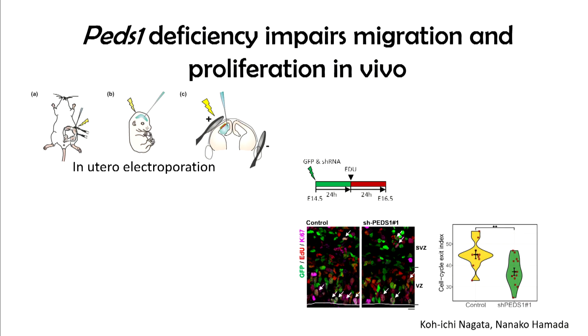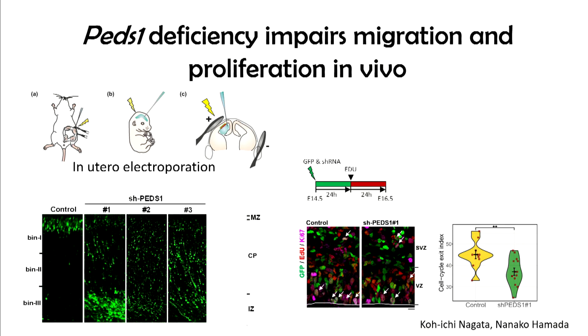We also see a very clear, striking migration defect. Here you see the control cells that migrated to the upper layer of the cortical plate. This is on the left. And you see different shRNAs that, with different efficiency, knock down the PEDS1 gene and affect the migration of the neurons.